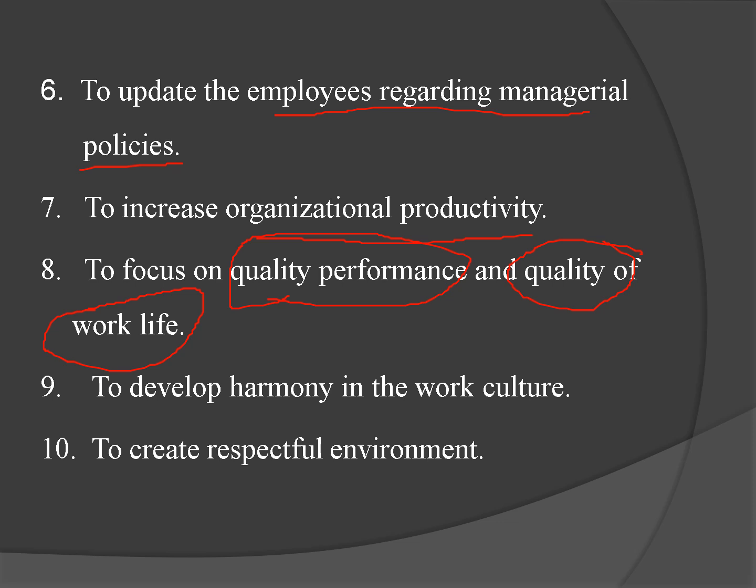HRM people make continuous effort to fill the gap between individual and organizational goals, that means to develop harmony in the work culture. This results in maintaining good relationships within the organization and helps employees achieve the desired objective.